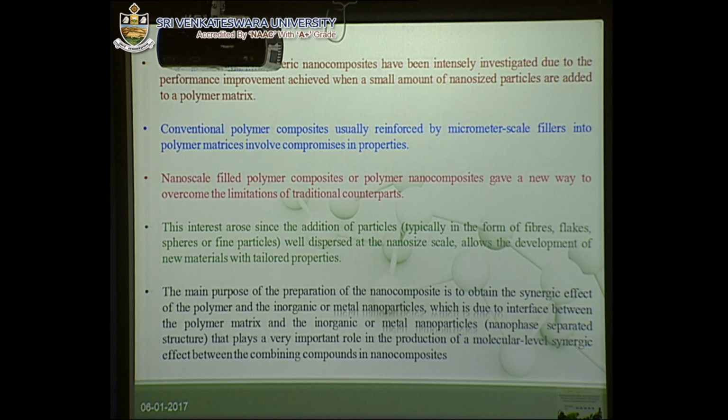So these nanocomposites have been intensely investigated due to the performance improvement achieved when a small amount of nanosized particles is added to a polymer matrix.